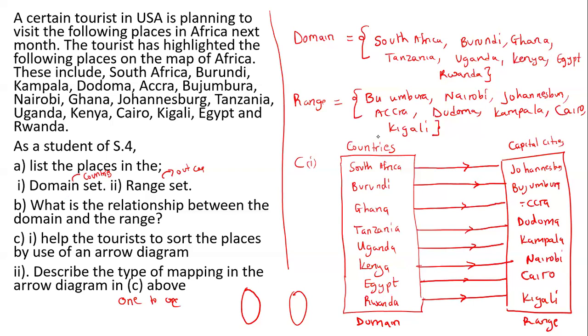And what could be our reason? What could be the reason for it to be a function? Okay, yes, Mugisa. Sir, my phone got off when you were describing the relationship between the domain and the range.